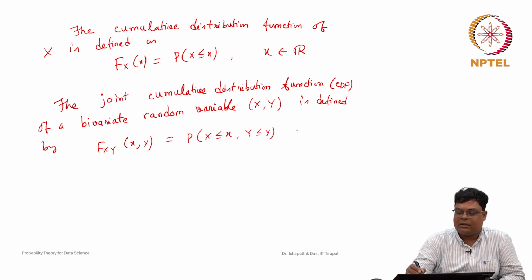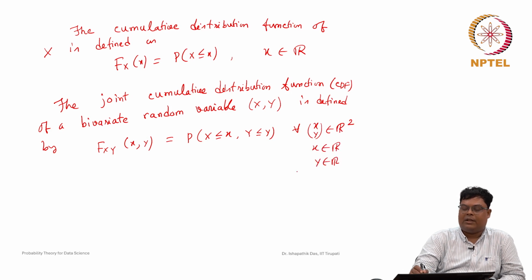We have already discussed the comma. This holds for all (x, y) as a vector in R2, that is, x belongs to R and y belongs to R. Then (x, y) is an ordered pair in R2. Now, what is this? X less than or equal to x, Y less than or equal to y. X less than or equal to x is an event.